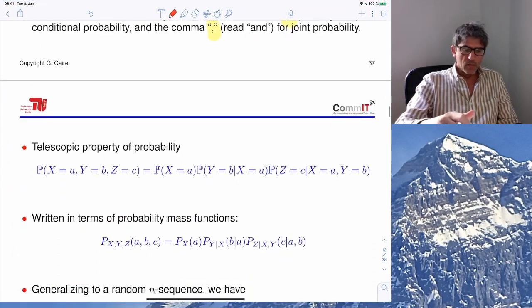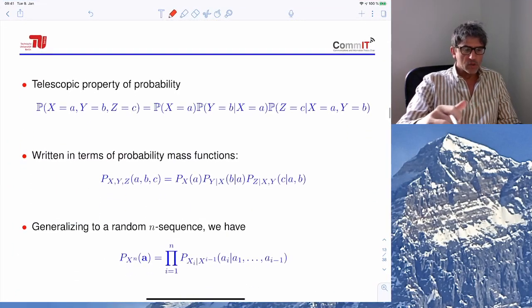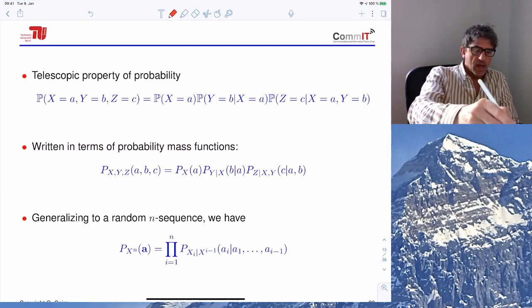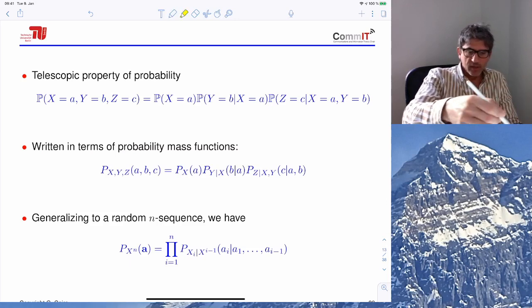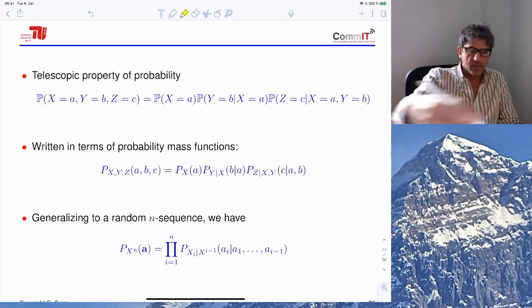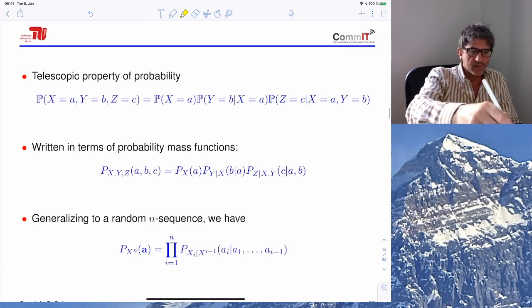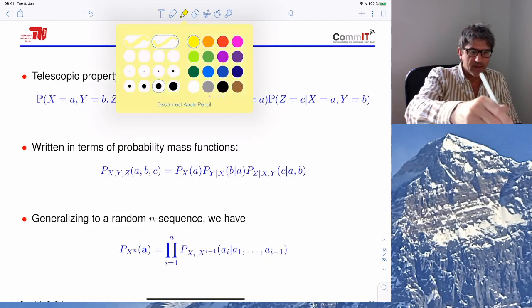So from here we have the so-called telescopic property of probability, that when we have the probability of 3 or more events, I say it for 3 just to make the case, but it can generalize to any set of events.